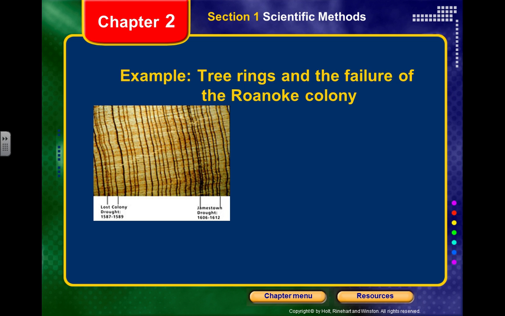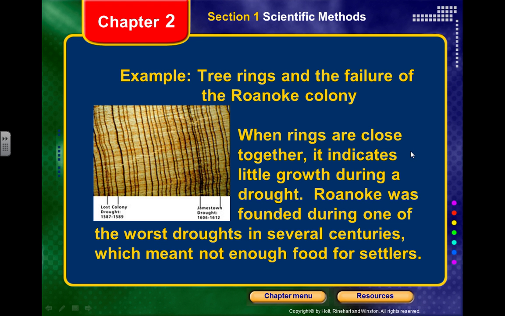Well, what scientists also looked at was Jamestown, which was in existence about 20 or 30 years later, and it was also a drought during that time period. So what they said was that when the rings are close together, it indicates little growth during a drought. Roanoke was founded during one of the worst droughts in several centuries, which meant there was not enough food for the settlers.